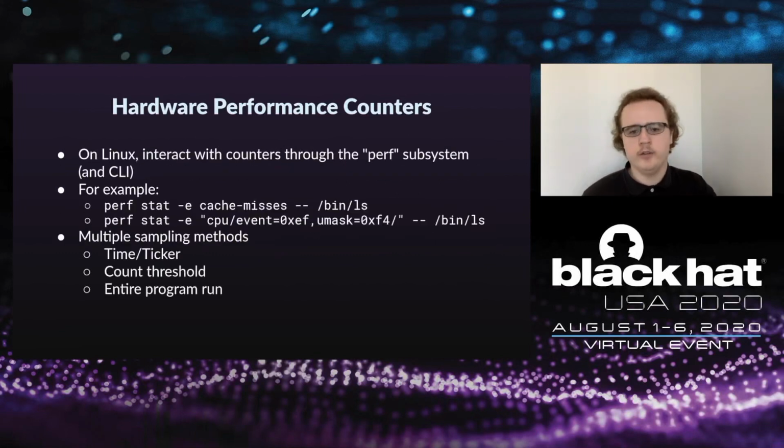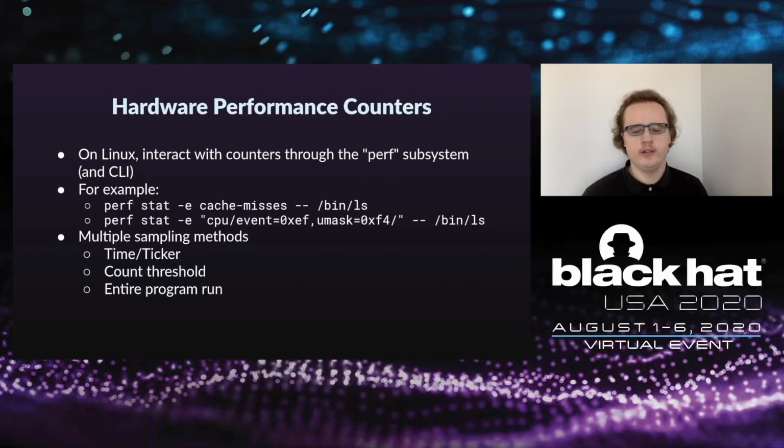On Linux, you interact with these through the perf subsystem and usually through the perf CLI. There are some examples up there if you want to mess around. The first one, as you may guess, measures the number of cache misses the processor has while running ls. The second one specifies a specific event ID and UMask, and that one in particular you'll see show up in our models later.